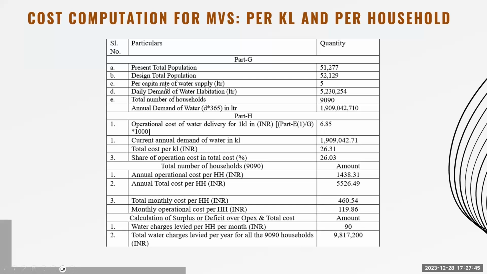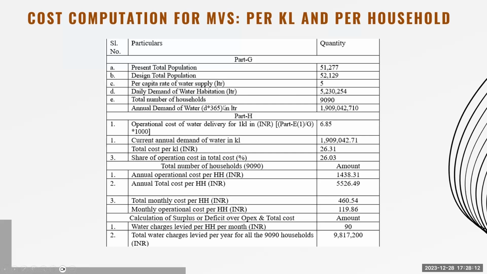Per capita rate of water supply is actually 55, not 5, 55 liters LPCD. And the daily demand for water distribution is essentially multiplying the total population with the 55 liters. Sorry, this is just the daily demand.